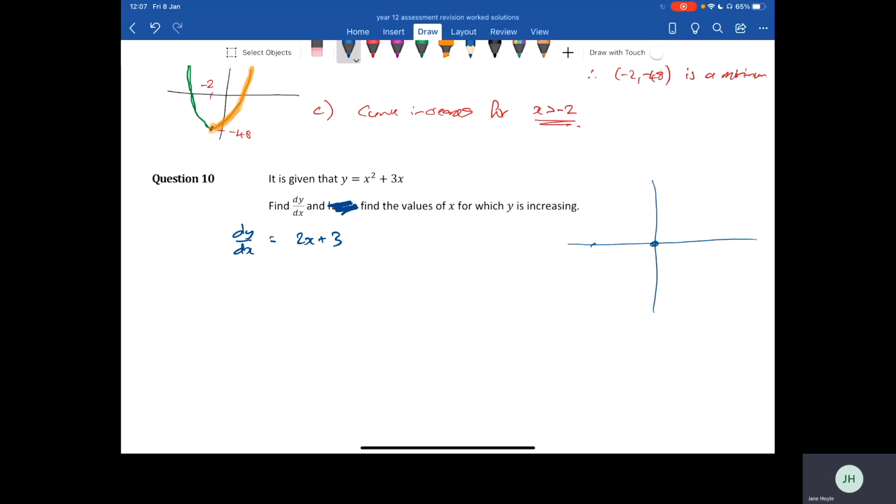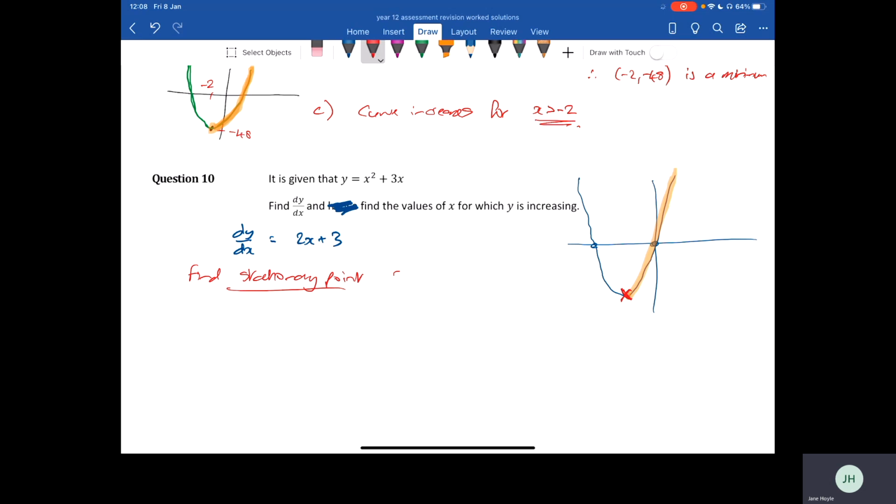This cuts through at 0 and -3. So, oops, it looks like that. Sorry, very wobbly. And now, a bit like the previous question, I can see it's increasing here. But the crucial part is, if you find where the stationary point is, then that tells you the point at which it starts increasing. So find the stationary point.